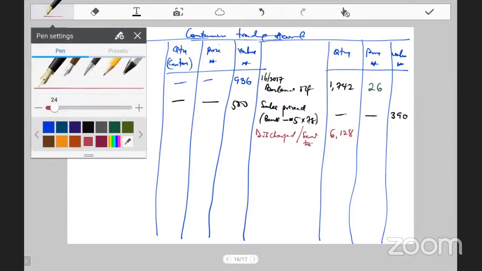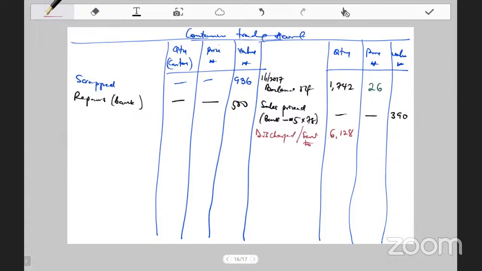At how much? What was the charge out price? 30 naira. They got 30 naira, not what they bought at. And that amount goes to the bank. So it's not going to the inventory. So the double entry has been done. Next item.